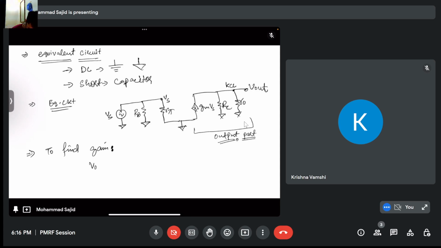What will we get? We'll get V output by R naught plus, we assume the current flows in this direction, right? V output by RC plus, here the current flows, Gm Vs equals 0. Okay, what next? V output times (R naught plus RC) over R naught RC equals minus Gm Vs, right?